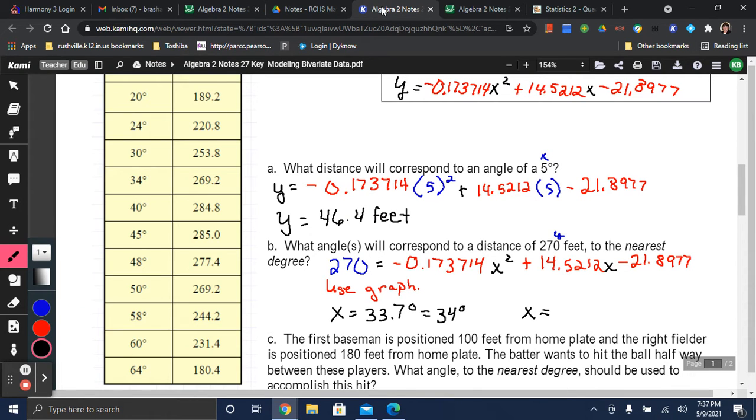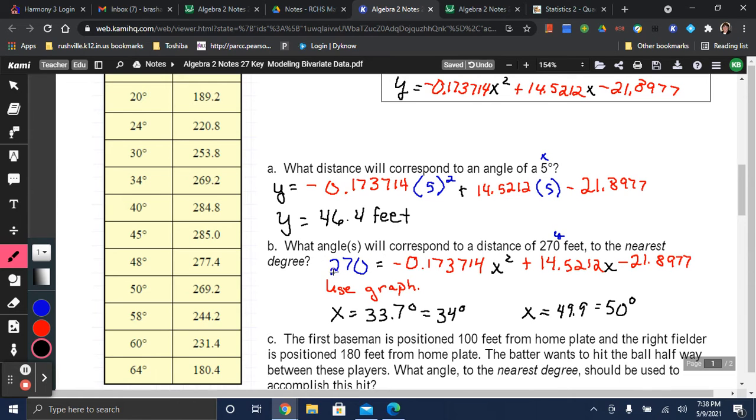So I'll put that 49.9, and then we're going to round that up to 50 degrees. So those are the two angles where you'll get a distance of 270 feet.